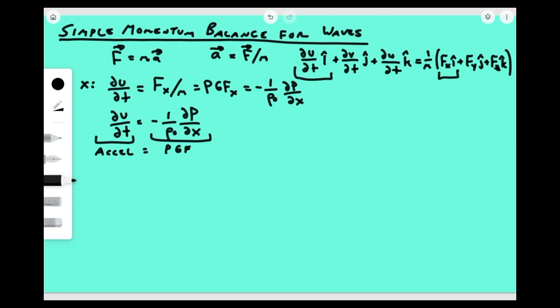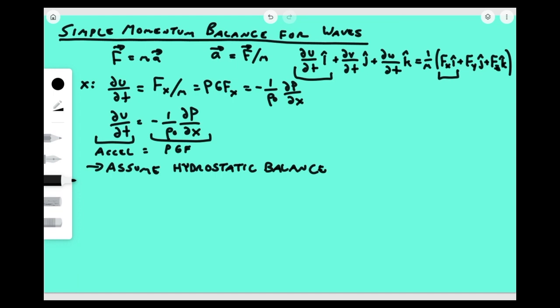Now, if you've watched the videos for hydrostatic balance and horizontal pressure gradients, you know that we can write dp dx in a different way if we use that hydrostatic balance as well. I'm going to write the assumptions I'm making.